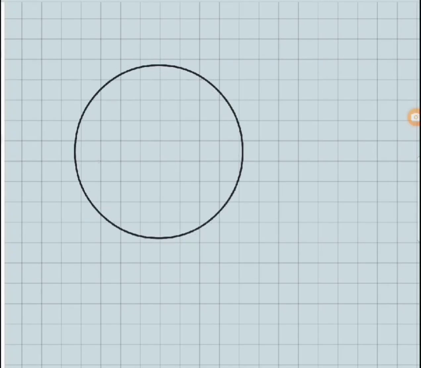Now let's say if we have a circle, and if we draw a chord that passes through the center of the circle. So let's say we have chord AB, and it passes through point C, where C is the center of the circle. That chord is now known as the diameter. The diameter of a circle is equal to twice the radius.